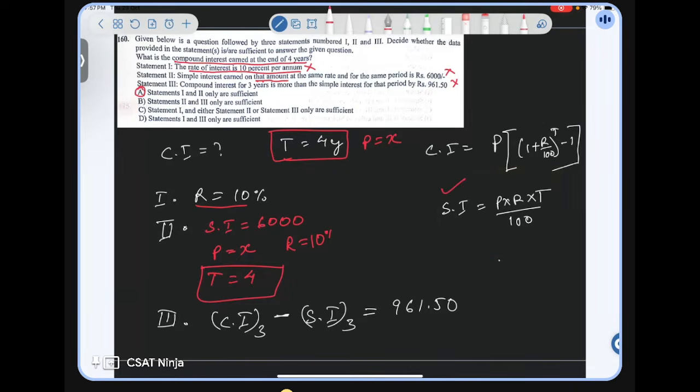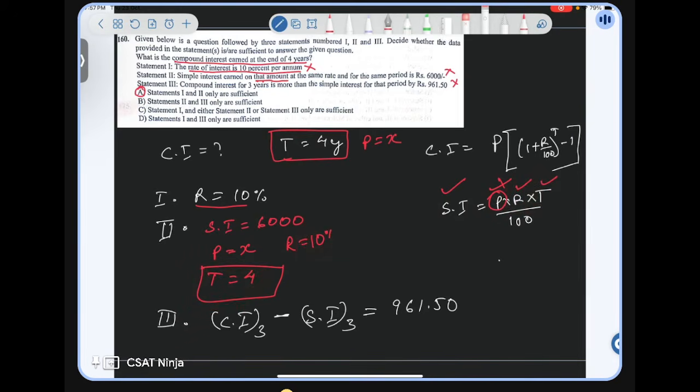I know simple interest, I know the rate of interest, I know the time here. So can I find principal from that? I can, because simple interest here is given as 6,000, and principal I don't know, but the rate of interest is given as 10% and the time is also given.